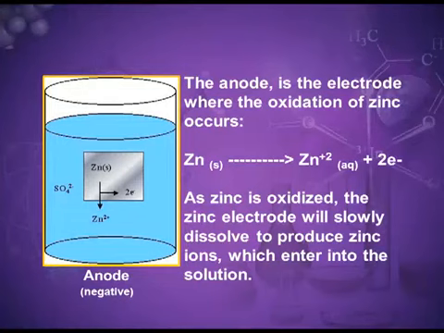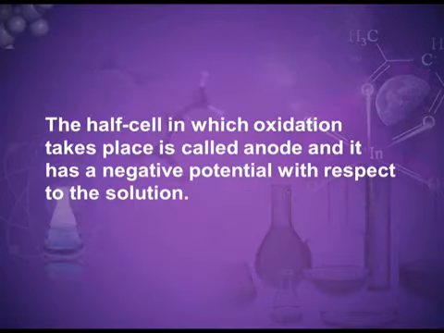This half cell is the anode because it loses electrons. It is the negative terminal. From the reaction you can see that zinc is losing electrons and is changing into zinc ions. The half cell in which oxidation takes place is called the anode and it has a negative potential with respect to the solution.